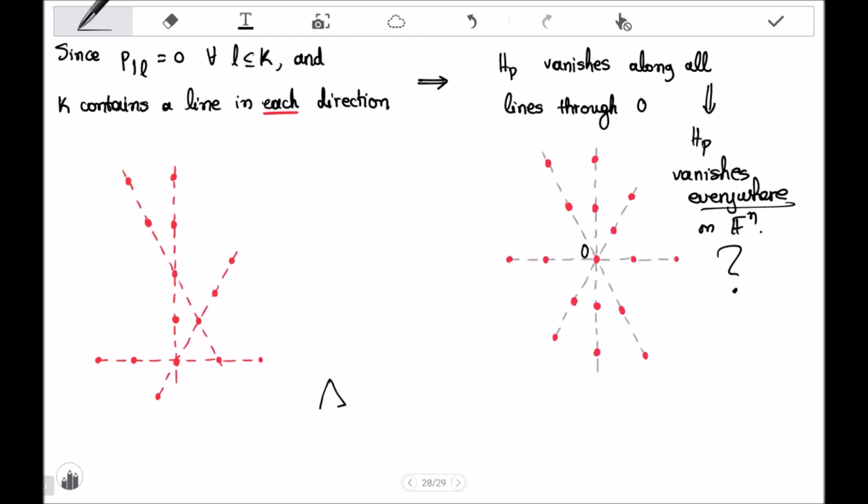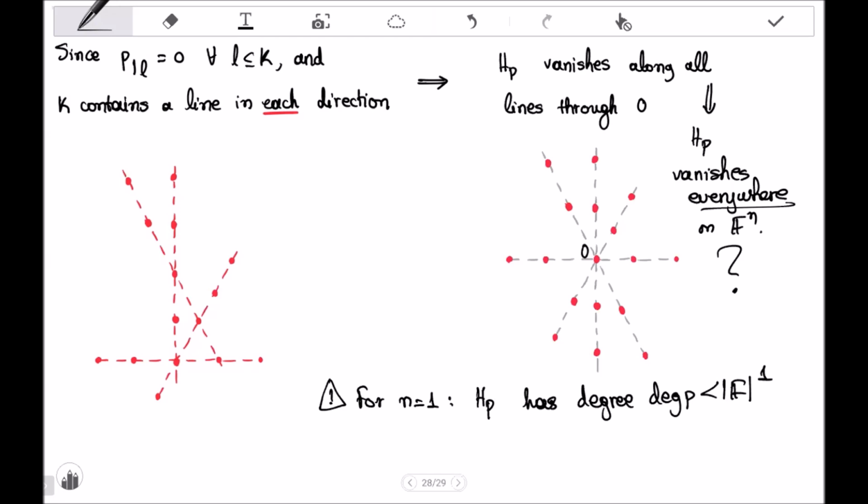So let's think. If n was 1, if we worked in one dimension, would this be possible? We'd have that H_P is non-zero, of course. It's the homogeneous part of highest degree, so it's non-zero, and has degree equal to the degree of the original polynomial, so smaller than the size of the field to the 1.